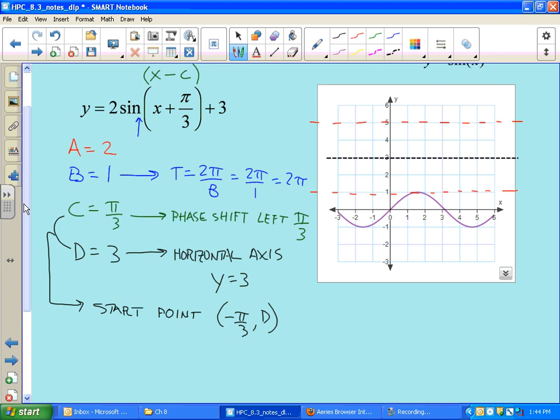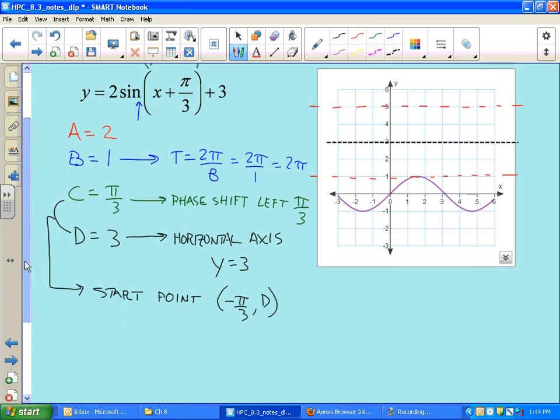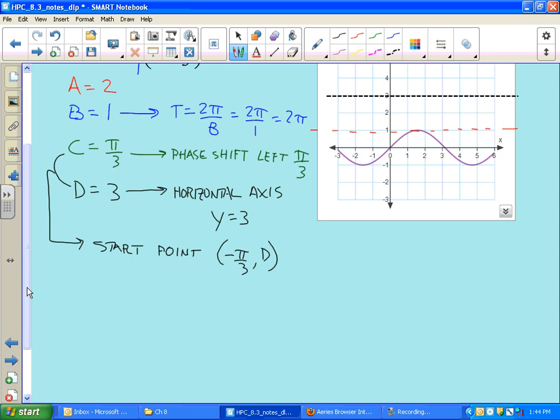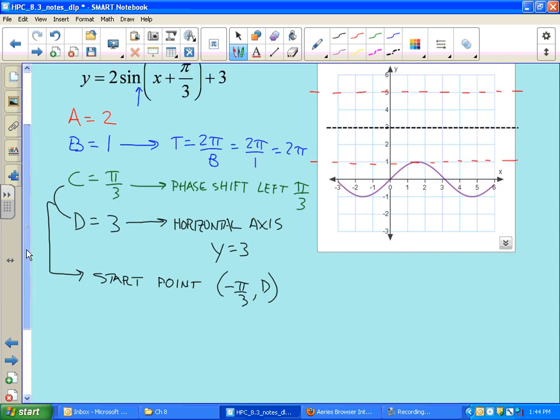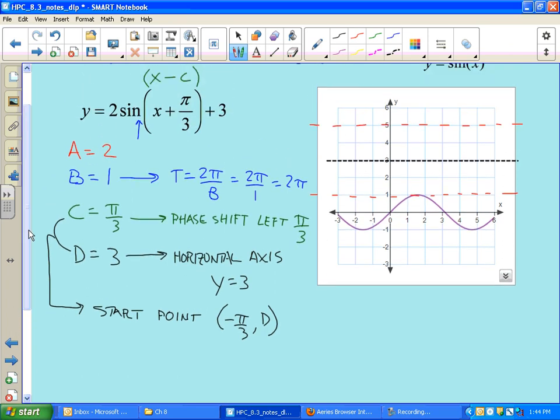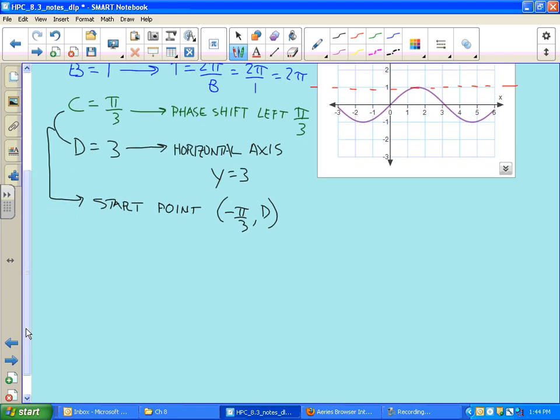All right, so here's what we do. We go and we take ourselves to the start point, and that's where I begin this thing. So if I'm looking at negative pi over 3, thinking of degrees, we're at negative 60. We're talking about radians, so let's go ahead and do it in terms of decimal value. So a negative pi over 3 is the same thing as a negative 1.047, I think, if I remember that correctly.